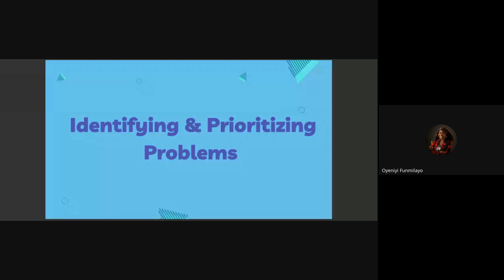But there could be 1001 problems that these users will have, right? We cannot do all of them at the same time. And sometimes these problems are not necessary; we don't even have to do them. So in today's class, we will learn how to prioritize problems and also how to identify problems. Even when users do not give us feedback, we'll know when to identify problems too.